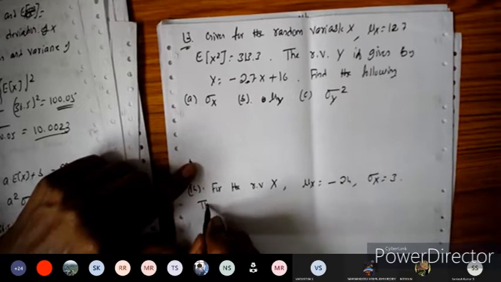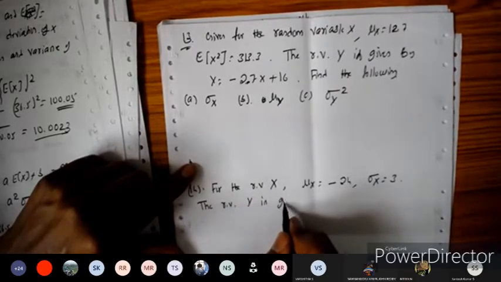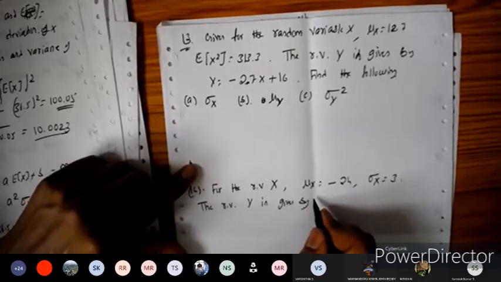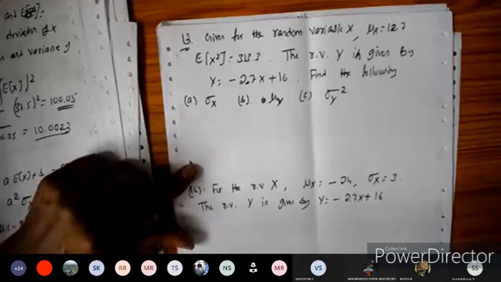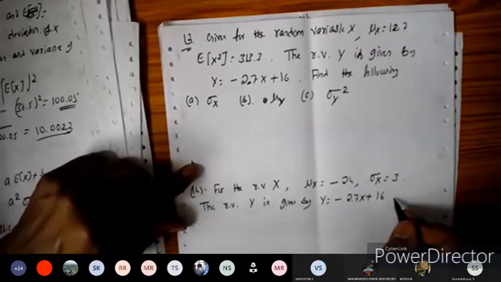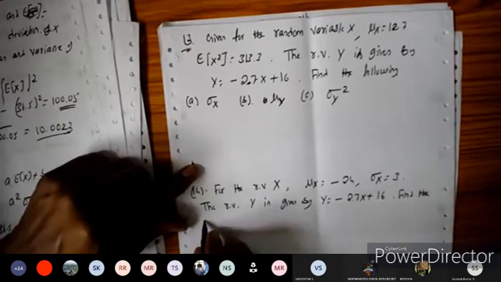The random variable y is given by y is equal to minus 2.7 x plus 16. Find the following.